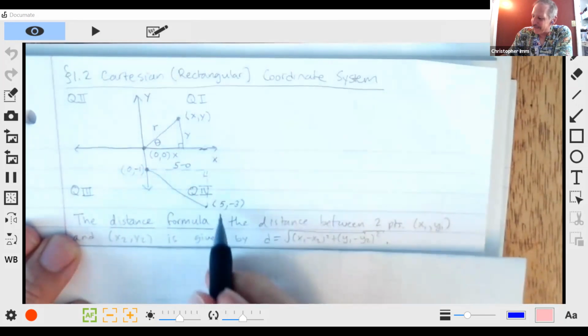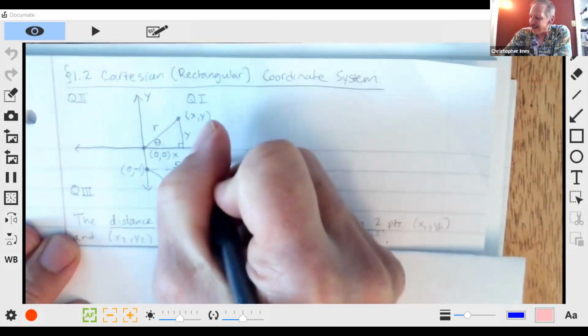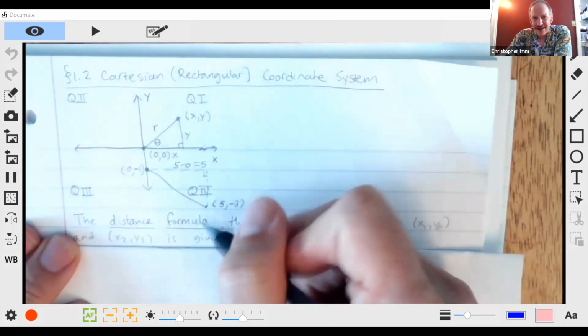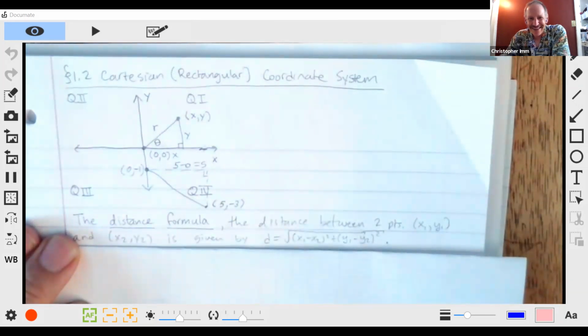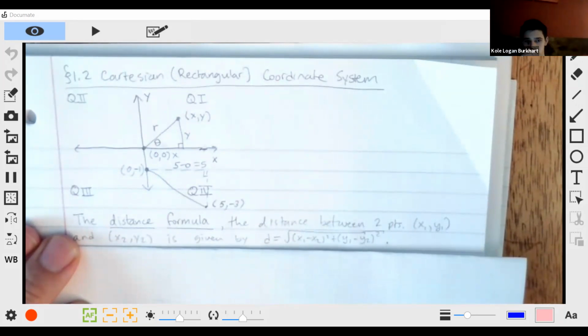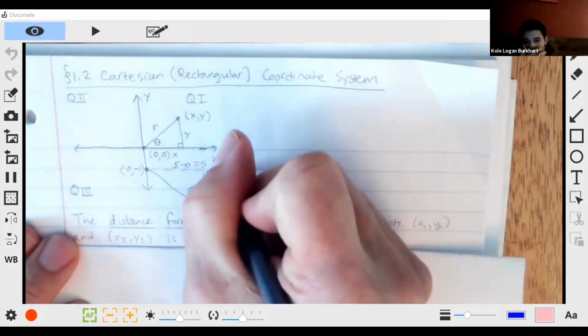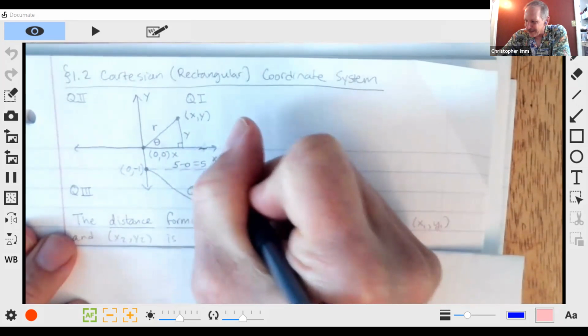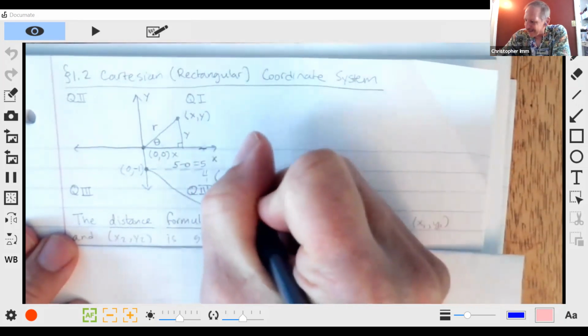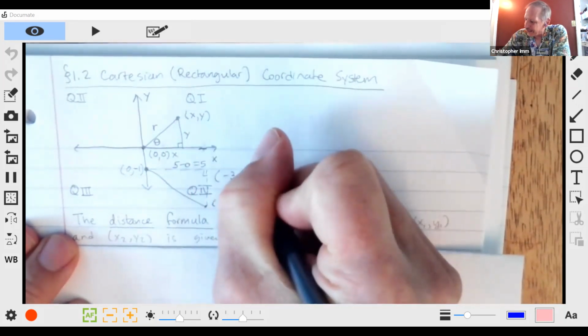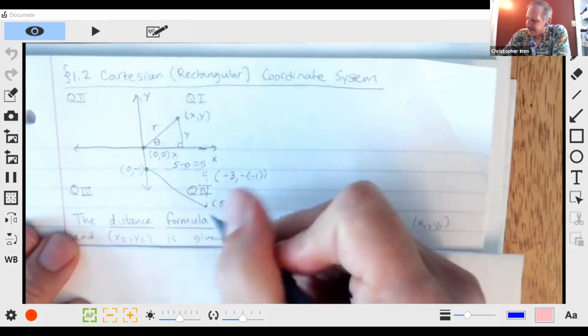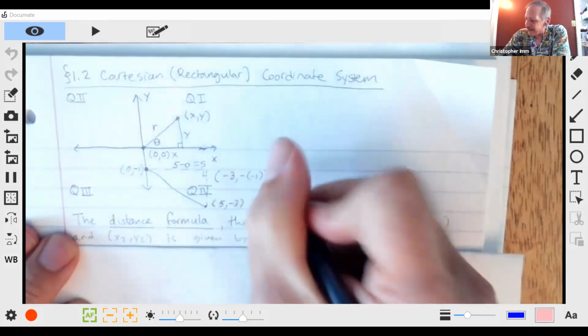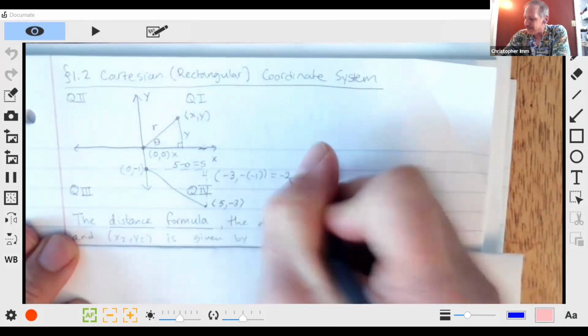I look at the difference between the x's, and this is 5. Now, what's the distance in the y value? Anybody? 2. Yeah, thank you. So -3 minus a -1. We just subtract the y values, and that gives us a -2.